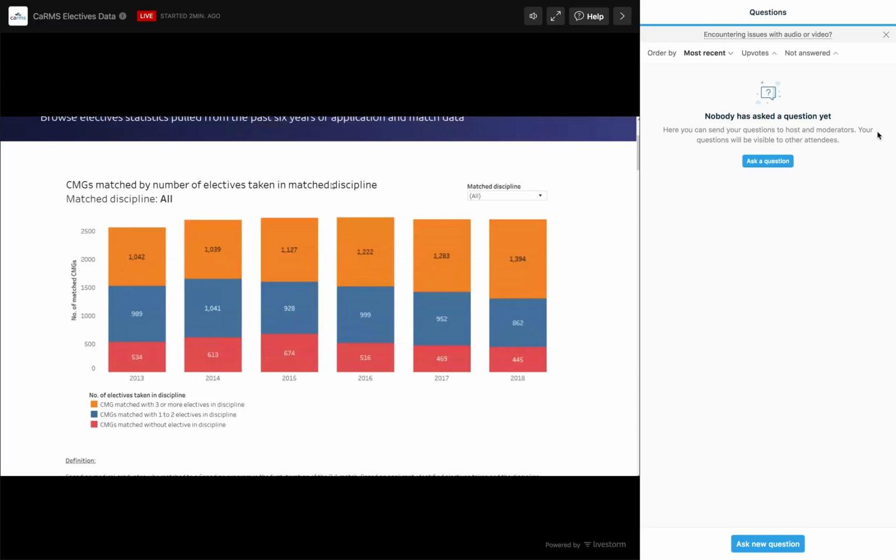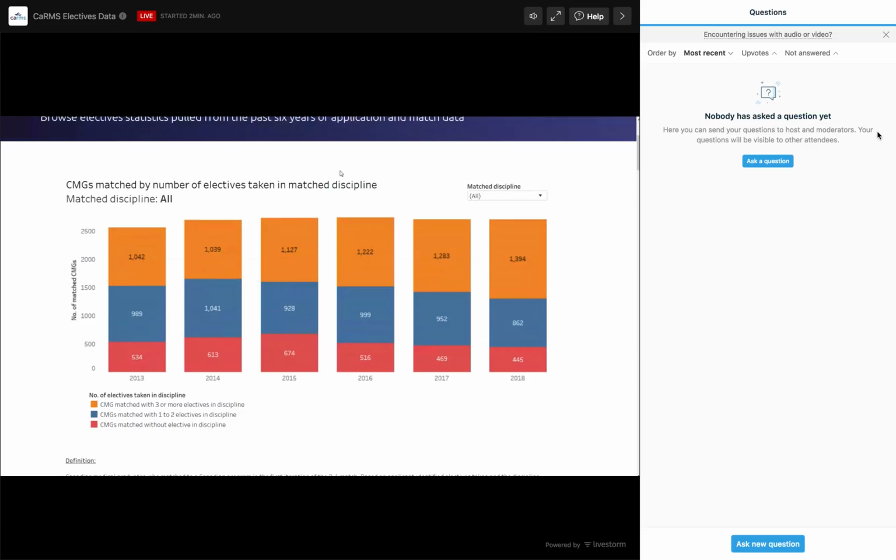So what we're going to be seeing, as Lisa mentioned, are 7 data views with different slants around the elective data relating to match outcomes, ranking, and some more general views of electives data.